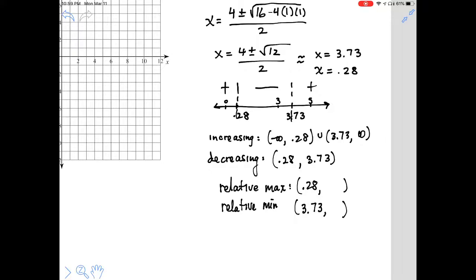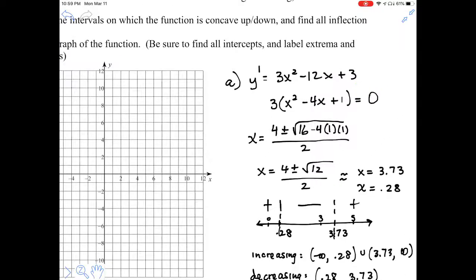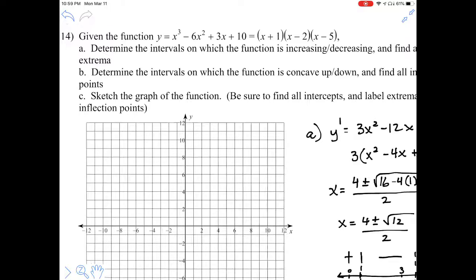Now what we need to do is plug those into a calculator and find out what those are in the original function. So if you plug in, let's go with the 0.28, so 0.28 cubed, and then minus 6 times 0.28 squared, and then plus 3 times 0.28 plus 10.